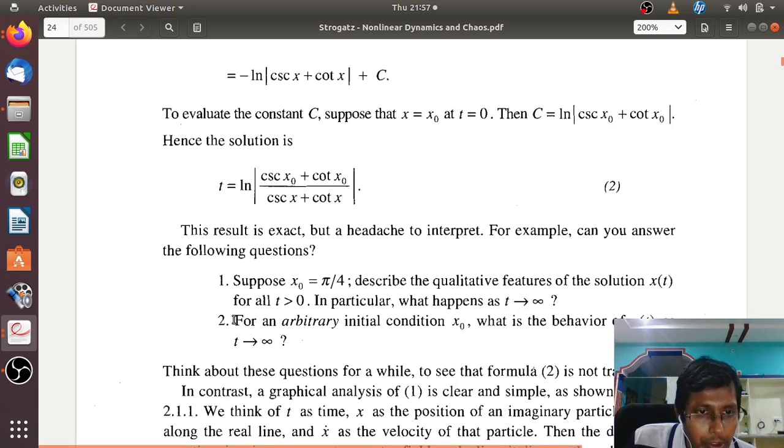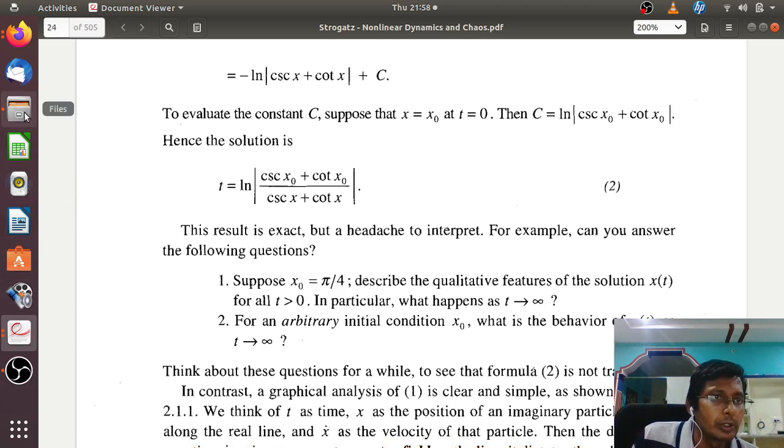What about the other question? In the first question we solved for when x naught is equal to pi by 4, but what if it's not just pi by 4, some arbitrary initial condition? What will be the fate of x as t goes to infinity?